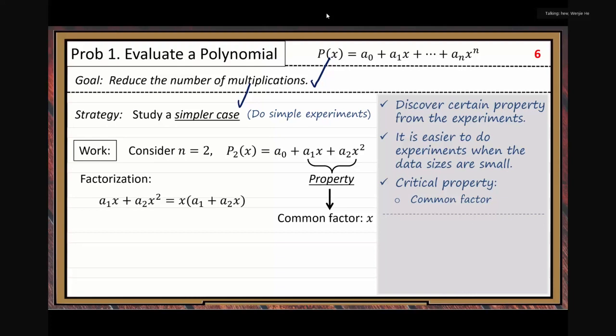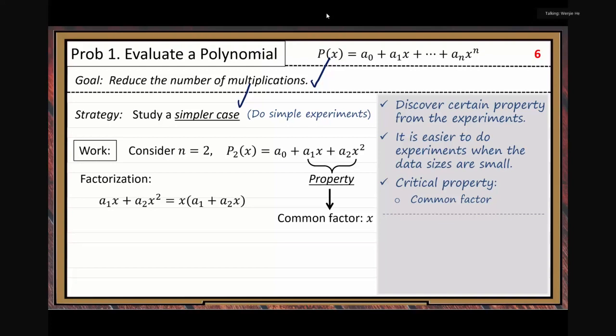So we expect the number of multiplications could be different. Let's do the counting this time.